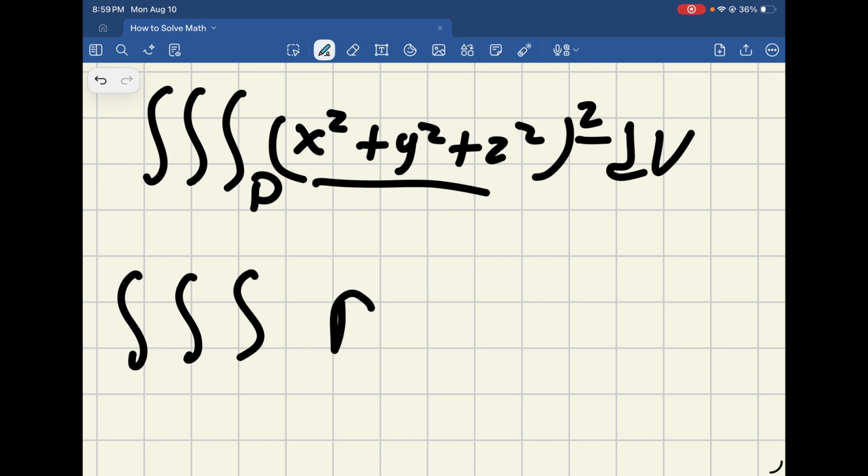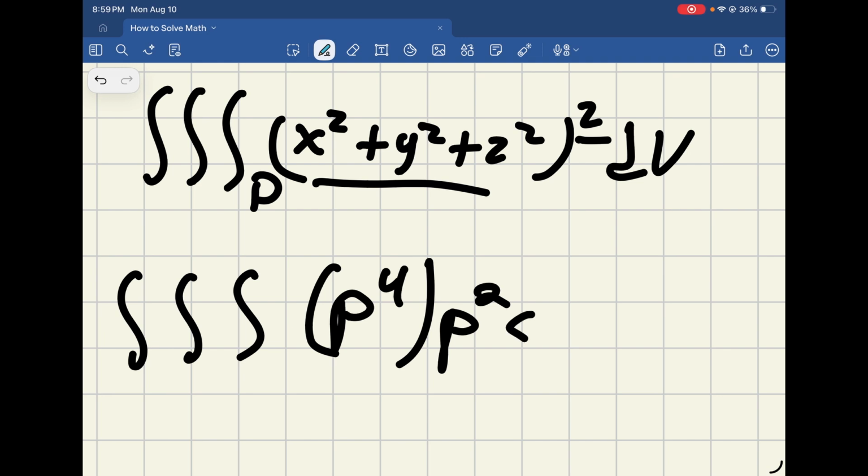So this is going to be rho to the power 4. And let's not forget our Jacobian when switching to spherical coordinates. So this will be times rho squared sine phi.